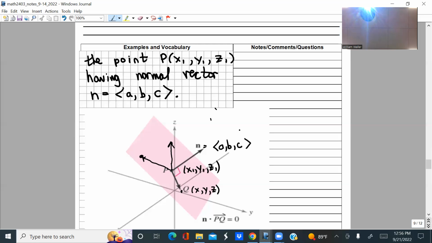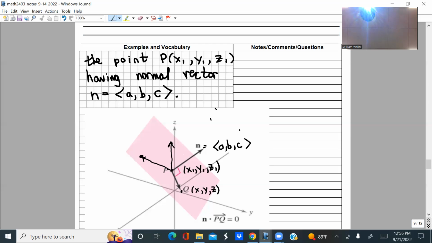Any vector in this plane is going to be perpendicular to the normal vector, the vector that's perpendicular to the entire plane.